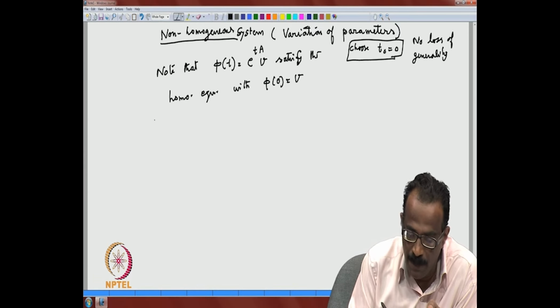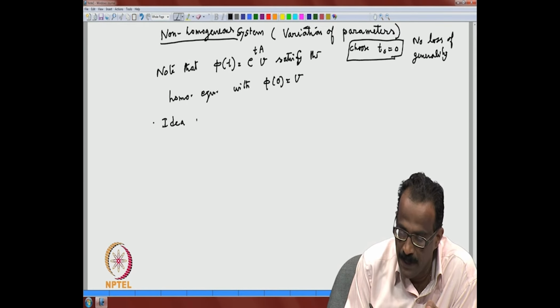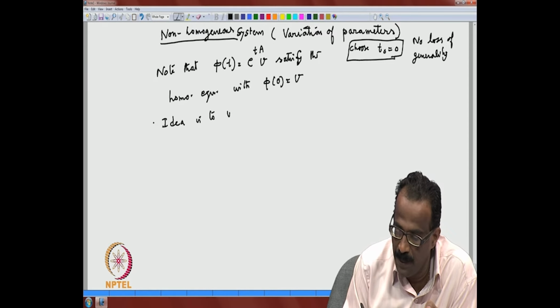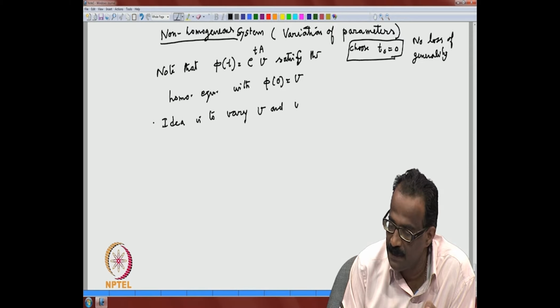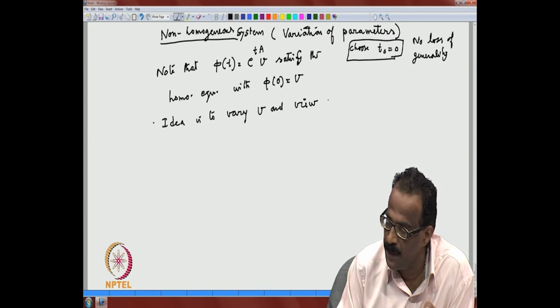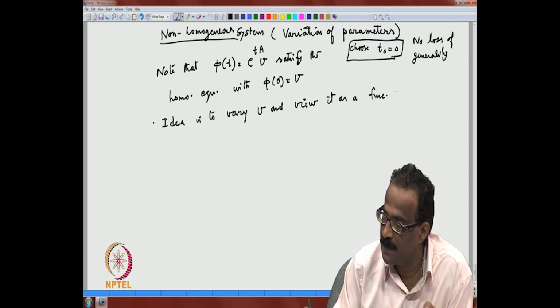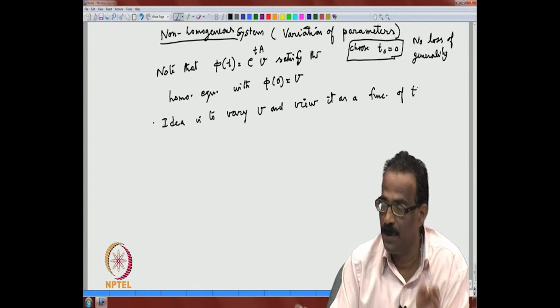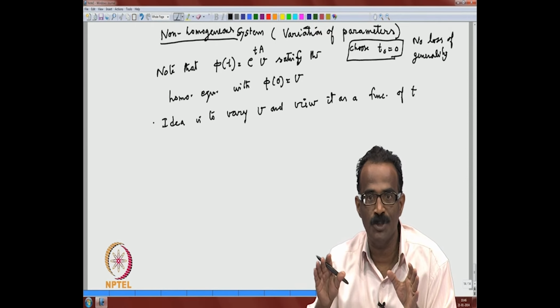So the idea which we have used is to vary V and view it as a function of t. That may give you a hope, because if you do not do that, you are never going to get a non-homogeneous solution.